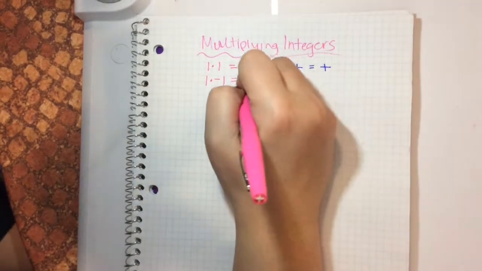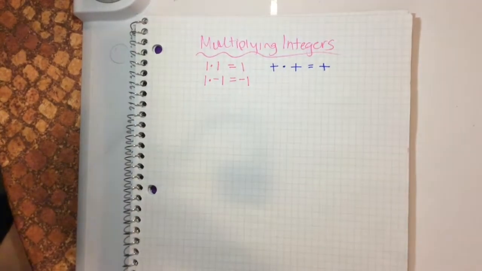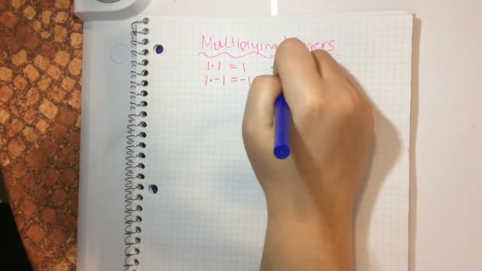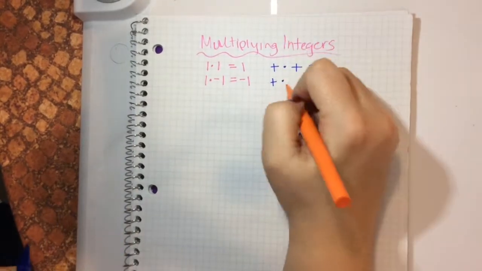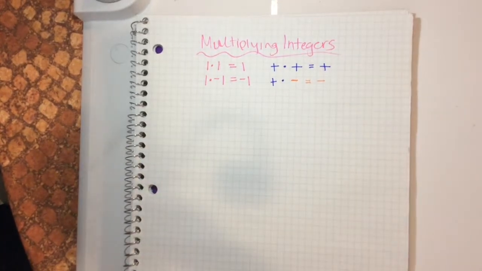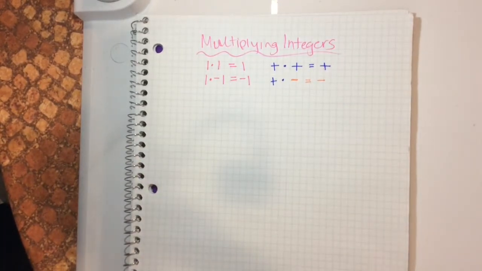So 1 times negative 1 is negative 1. And that is the pattern that we see every time I do a positive times a negative. My answer is going to be negative.